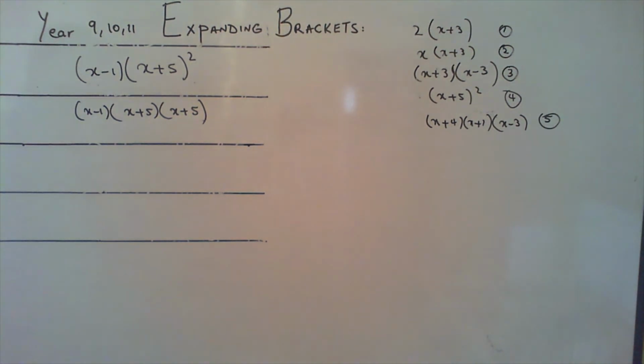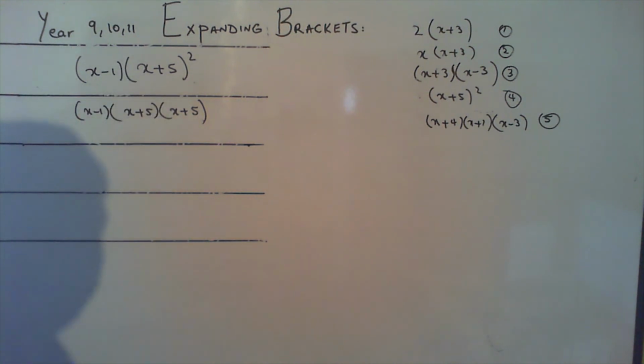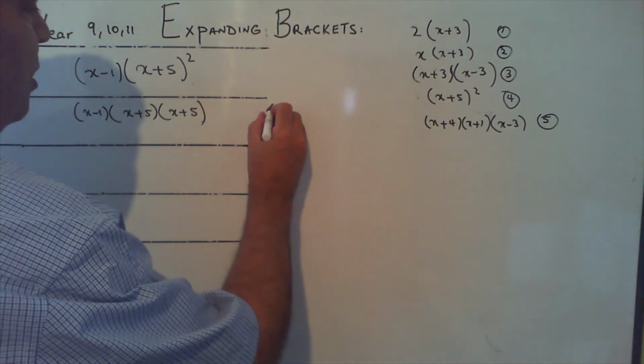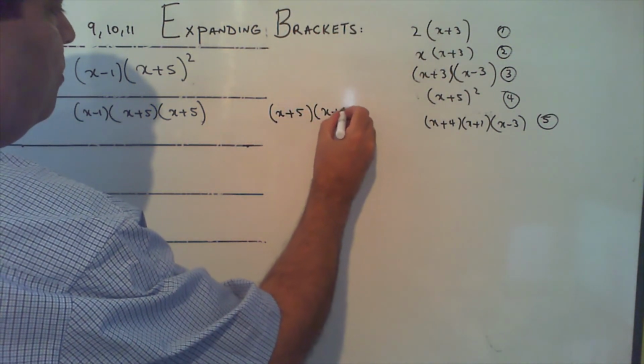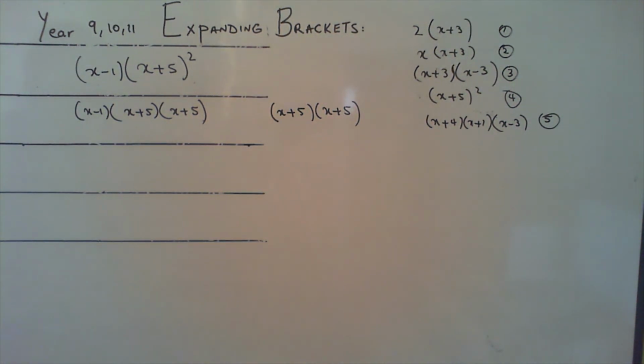Right? Because we know how to expand this second type, we go for that one first. I'm going to write x plus 5 times x plus 5. Of course the ability of students at year 11 should be a little bit different.